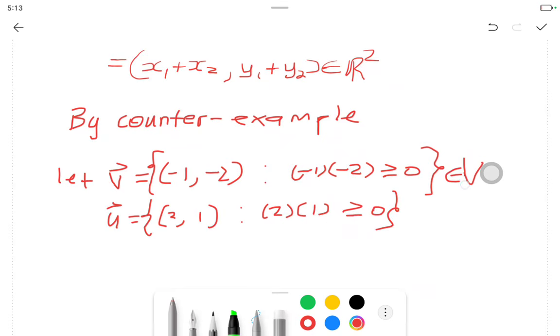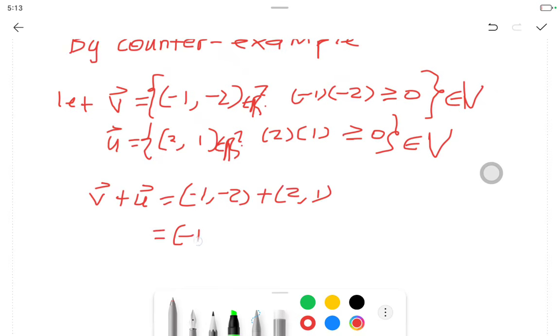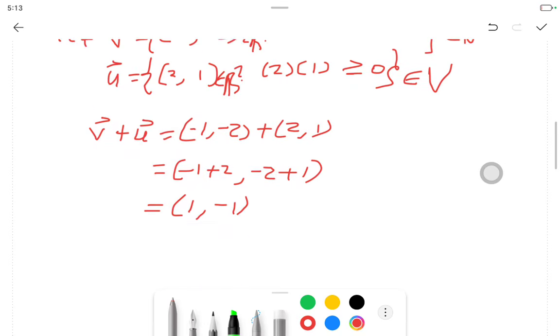And this is an element of v. This is also an element of v. And this is an element of R squared. This is also an element of R squared. So now if I say v plus u, I'm going to get -1, -2 plus 2, 1, which will be -2 plus 1, and this will be 1, this will be -1.